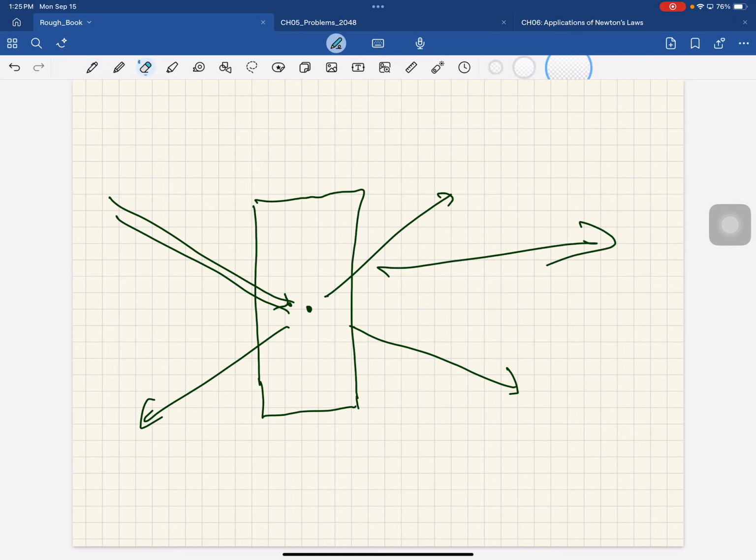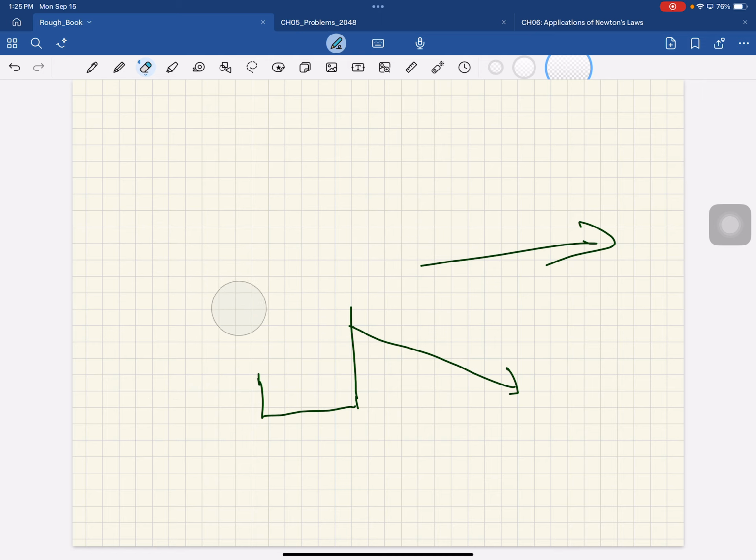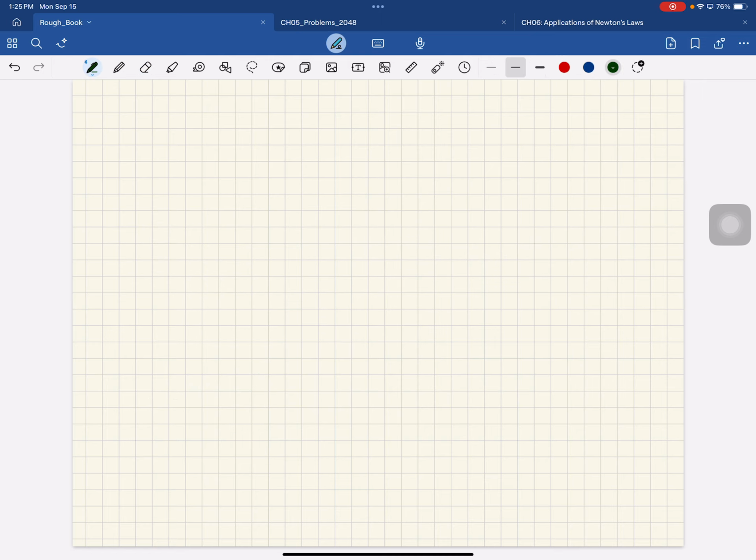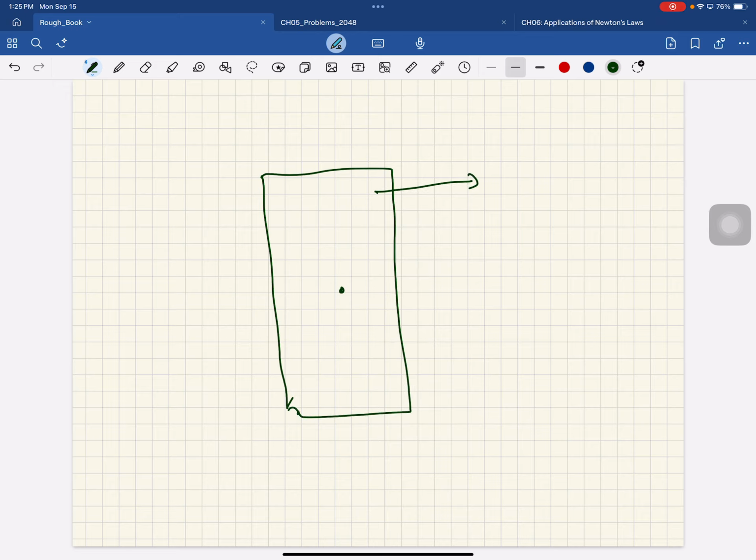All right, now I can show you other situations. Will this object spin? This won't spin either if this force is equal to that and the lines are equidistant from the center of mass. So this won't spin either.